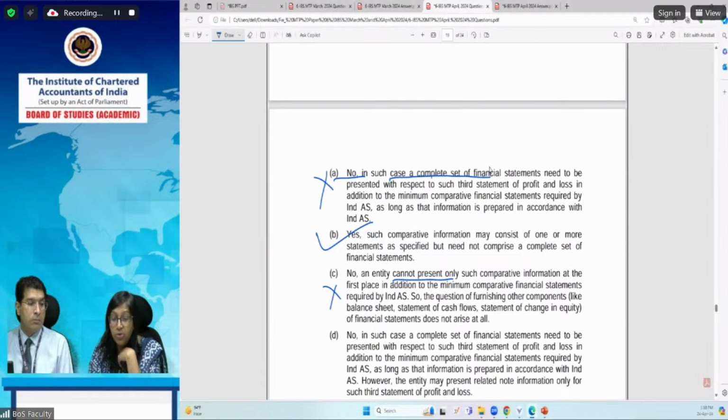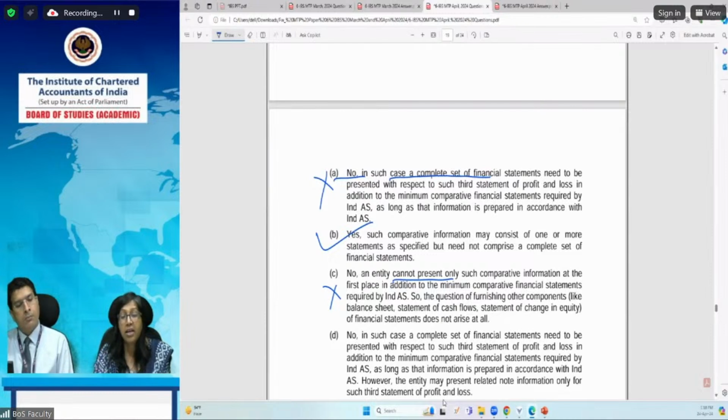Option D says no, in such case, a complete set of financial statements need to be presented with respect to such third statement of profit and loss in addition to the minimum comparative financial statements required by Ind AS, as long as that information is prepared in accordance with Ind AS. However, the entity may present related note information only for such third statement of P&L.